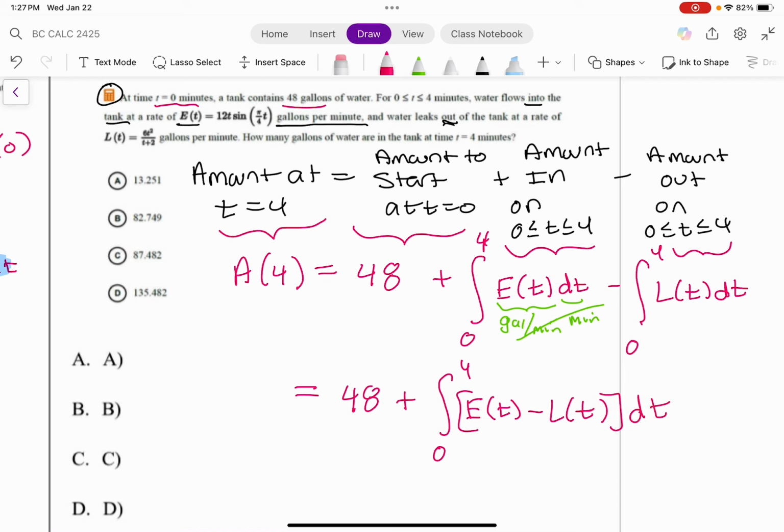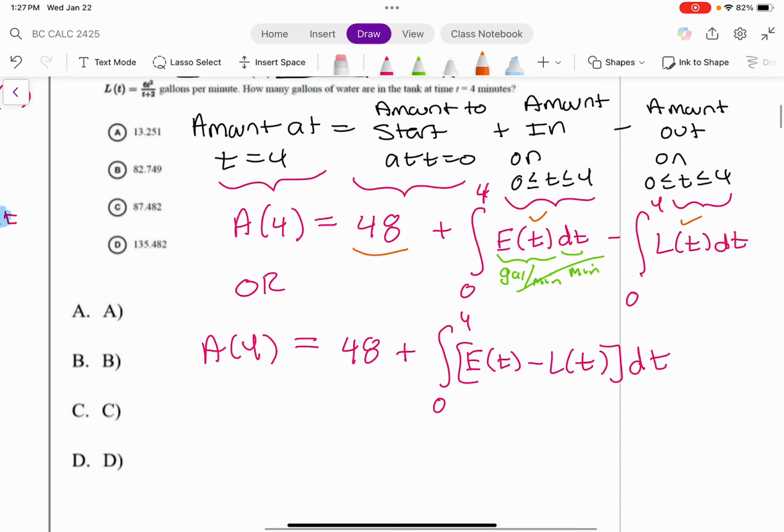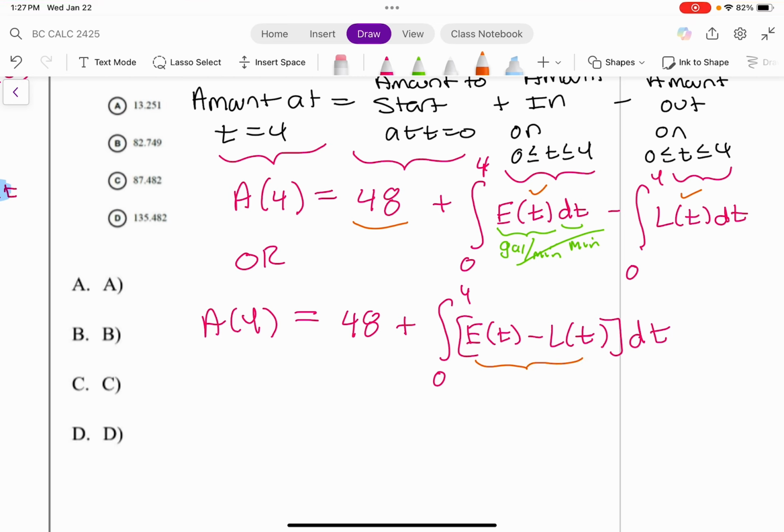If you think of it the way above, it's how your brain works in terms of what happened. We started with 48 gallons. We're accumulating the total amount that's come in the 4 minutes, and then we're subtracting off the total amount that's gone out.